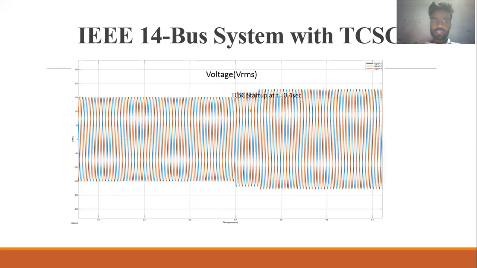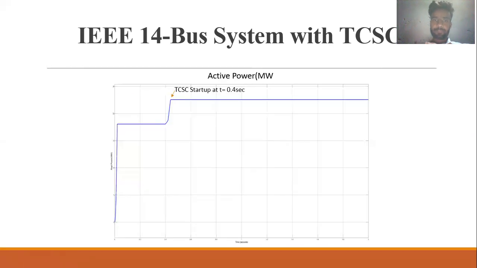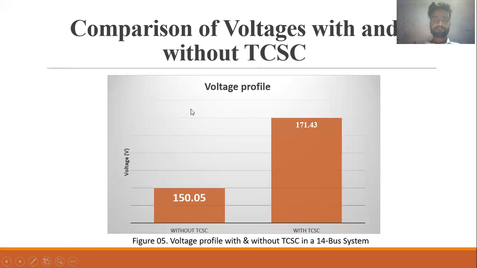So this much voltage profile that we are getting. Also the active power transfer is improved from 17.5 to almost 23 point something. Yeah, active power transfer is improved after triggering our TCSC at 0.4 second, and this is the active power improvement that we are getting.